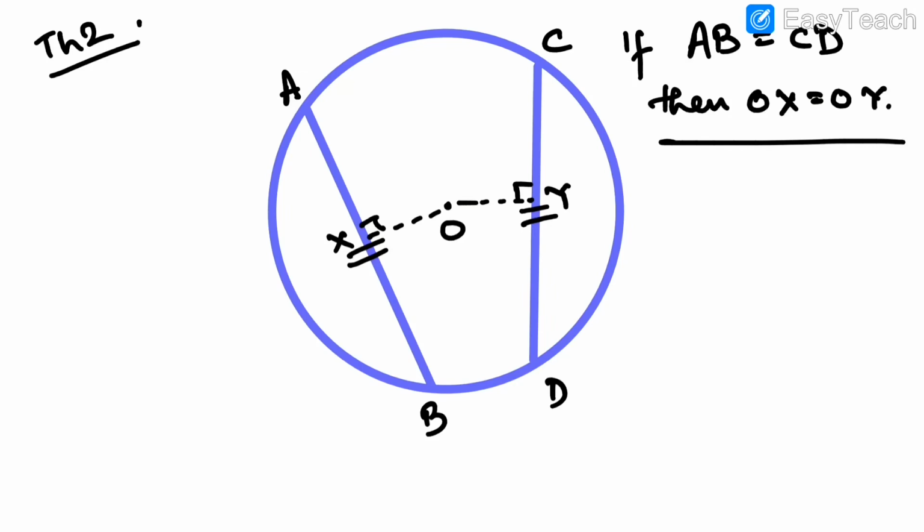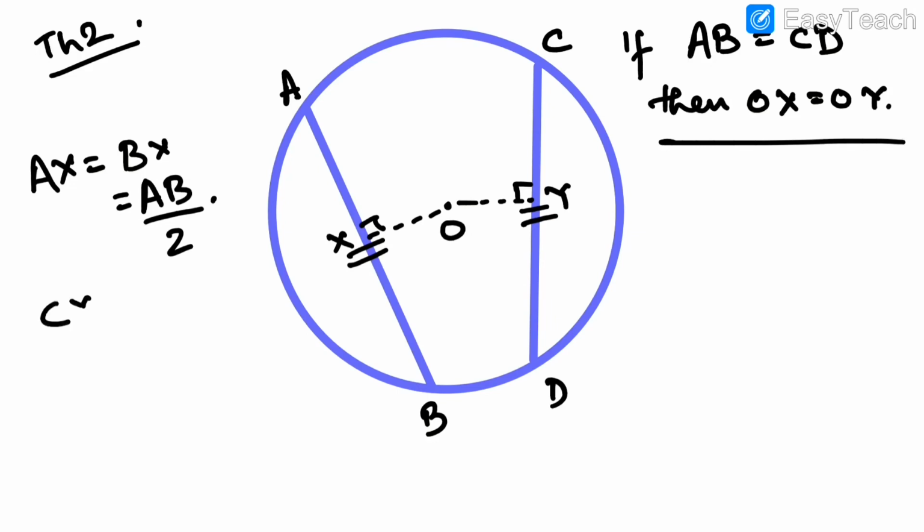From the previous slide we already know that whenever any perpendicular is drawn from O, the center of a circle, to any chord, it bisects the chord. Means AX equals BX, and since X is the midpoint, AX equals BX equals AB by 2, right? Very nice.